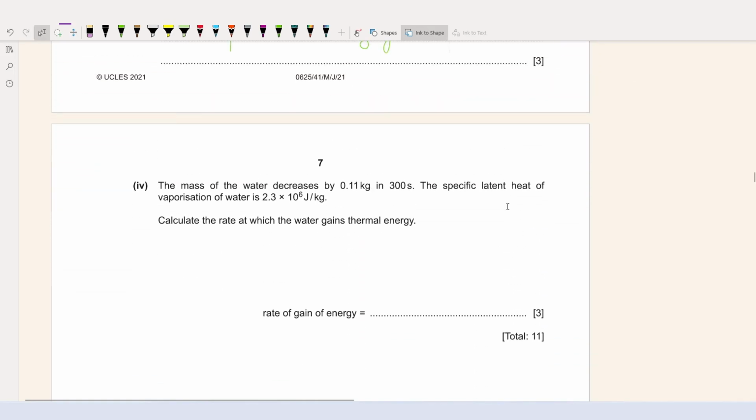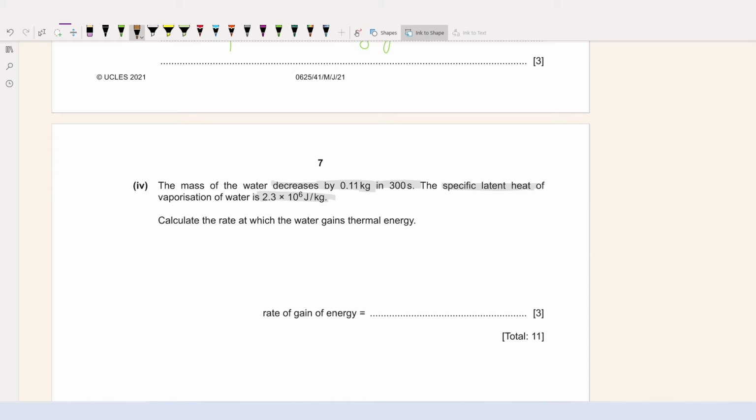Part 4. The mass of the water decreases by 0.11 kilograms in 300 seconds. The specific latent heat of vaporization of water is given by this. Calculate the rate at which the water gains thermal energy.